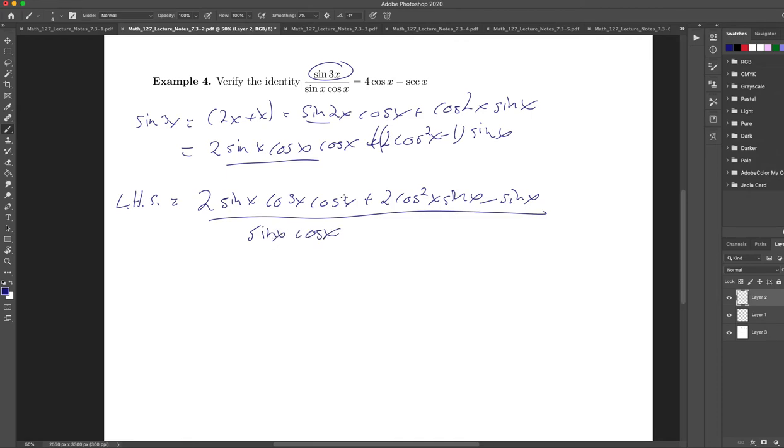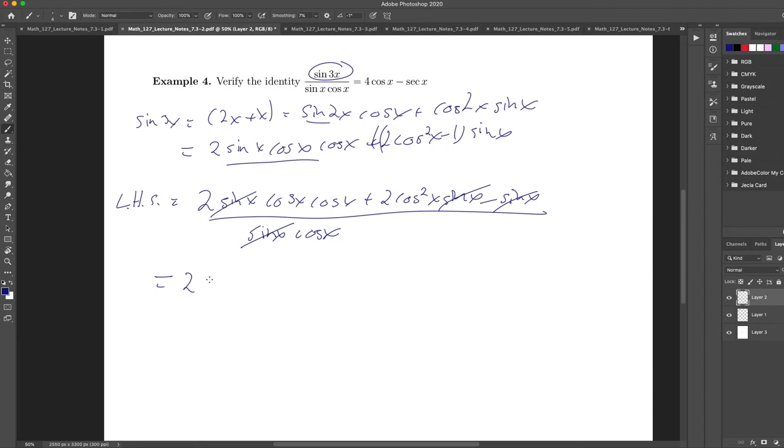So notice here, I can pull out a sine everywhere. So one sine here, one sine here, one sine here, and a sine here. So I can get rid of the one sine. And then I can get rid of a cosine. So a cosine here. Oh, but I can't get rid of the cosine everywhere.